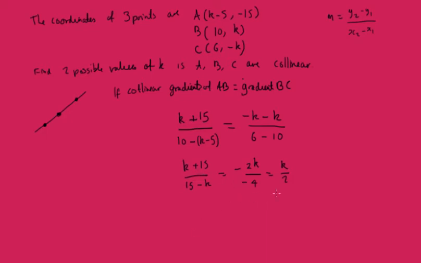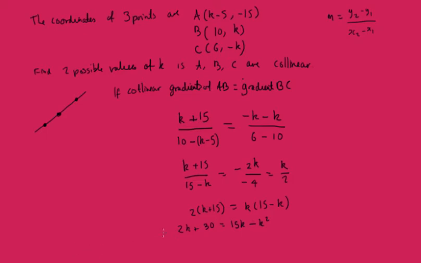Now let's cross multiply. So we will have 2k plus 15 is equal to k times 15 minus k. And we will expand all this out, so we'll have 2k plus 30 equals 15k minus k squared.